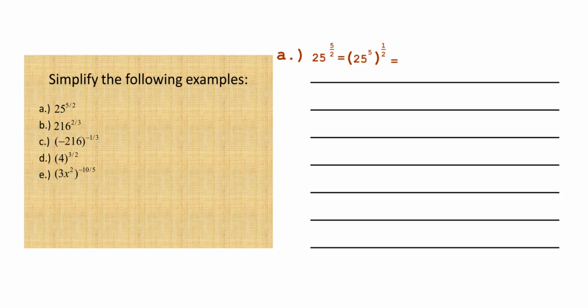Or likewise, we can also split it up into 25 to the 1 half first, the root first, and then the exponent of 5. Do notice, in most cases, one way is easier than the other, or will take less time, depending on how you see it. In this case, I'd rather do the root first because it's a root of a small number, rather than the exponent first.